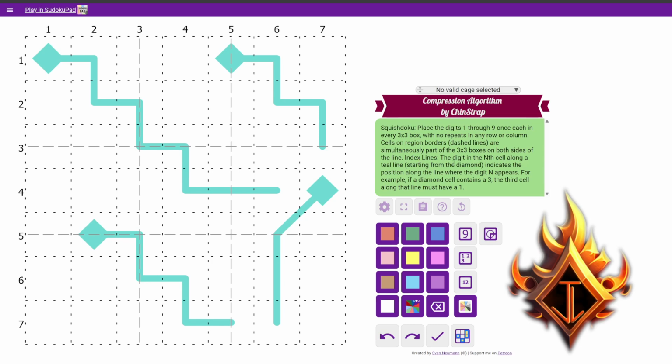Index lines: the digit in the nth cell along a teal line starting from the diamond indicates the position along the line where the digit n appears. For example, if a diamond cell contains a 3, the third cell along that line must have a 1.